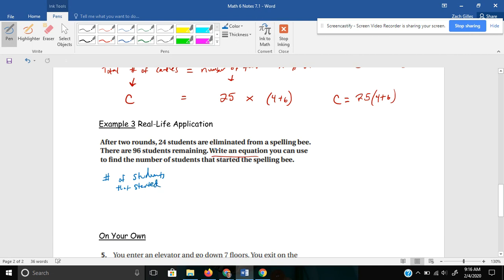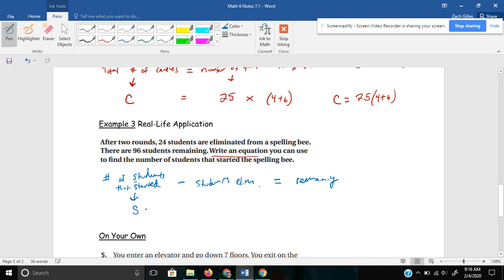And to be able to find that, what we could do is we could subtract the number of students eliminated and that would give us the number of students remaining. Okay, do I know how many students started? Well, right now, I do not know. So if it's an unknown, I'm going to call it a variable, and I'm going to call it S for students.